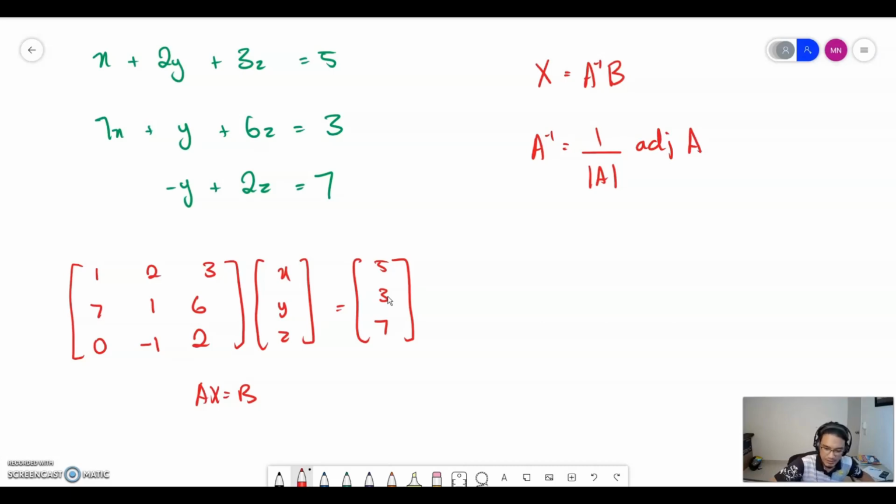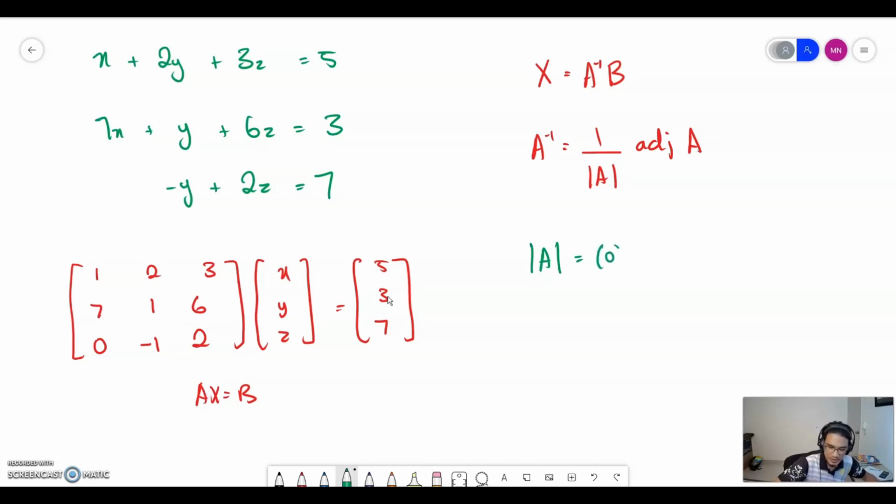So now let's first find the inverse for matrix A. In order to find the inverse, we have to find the determinant of the matrix first. Since matrix A has a 0 on the third row, we choose the third row and find the cofactors.